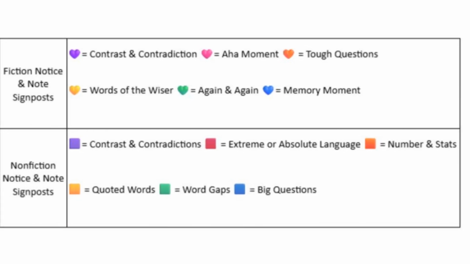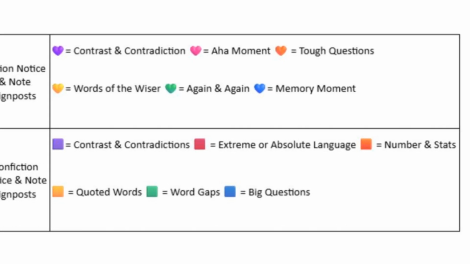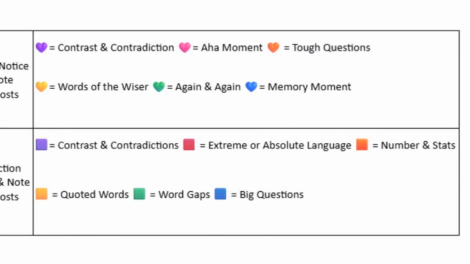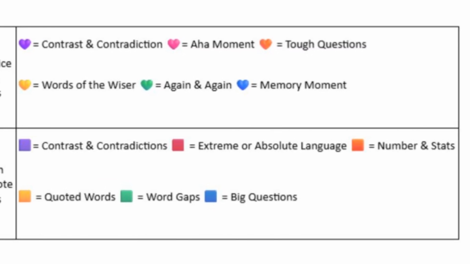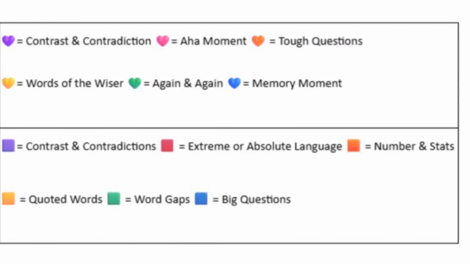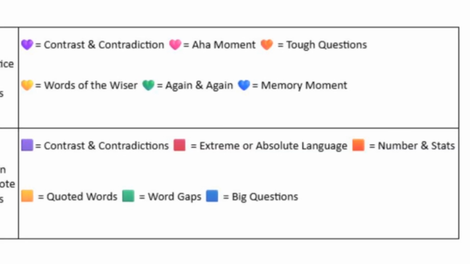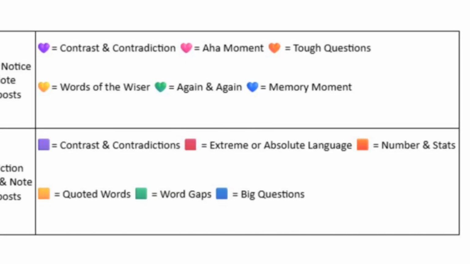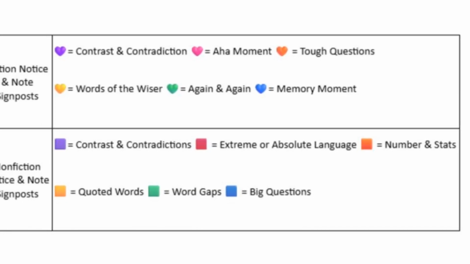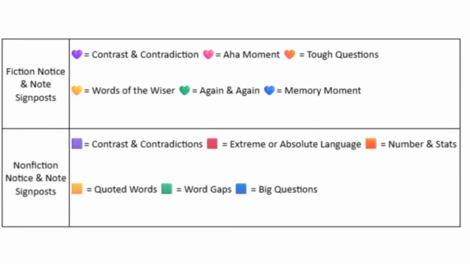Every question and model in this guide aligns with a Notice and Note signpost, which identifies key moments in text where readers naturally pause and think. For fiction, those moments include contrast and contradiction, aha moment, tough questions, words of the wiser, again and again, and memory moment.